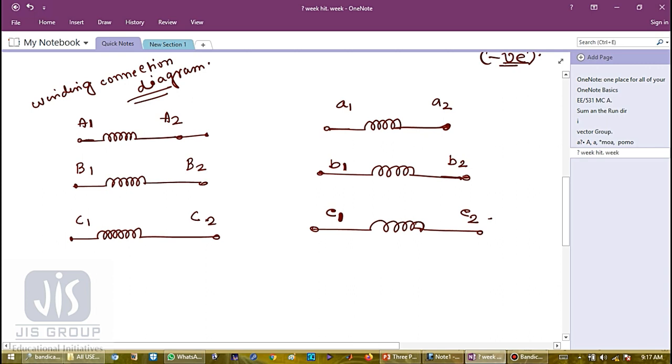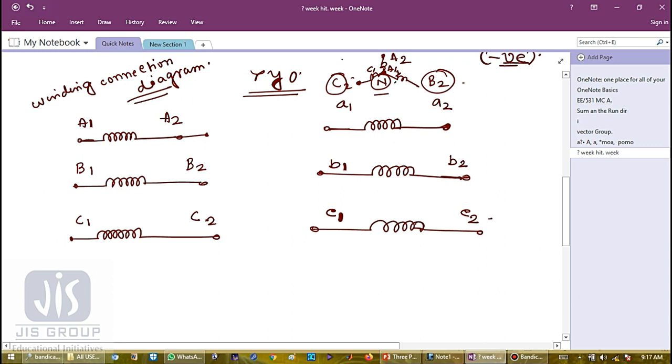Now we are drawing the star-star connection YY0. We know in a star connection there is a neutral point. So this is A2, this is my B2, this is my C2. I told you that it will remain fixed for the primary side in the equilateral triangle: top, bottom right, bottom left. So obviously this is A1, this is C1, this is B1, which form the neutral point.